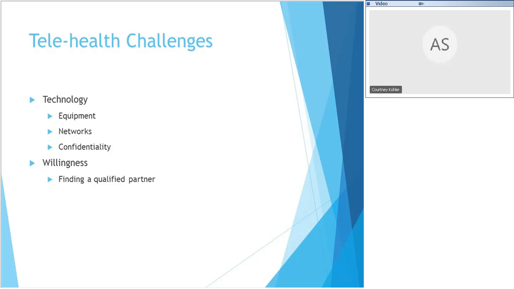And of course, I mentioned confidentiality with the other programs that we're using, and it's true of this one as well, making sure that the spaces that the clients are using are confidential, that nobody else can hear what's being said. This is especially important as we're doing group work in some of our therapeutic agencies.